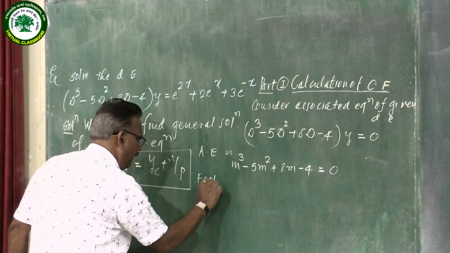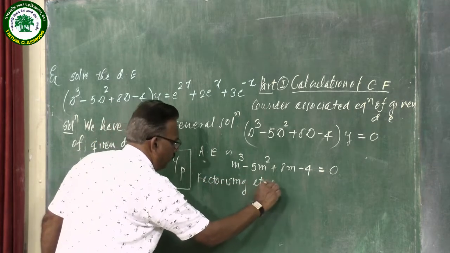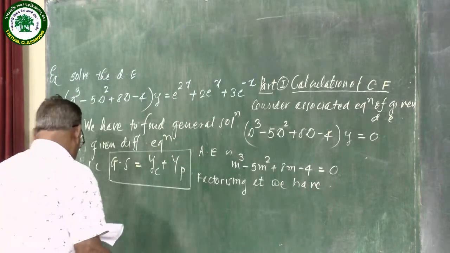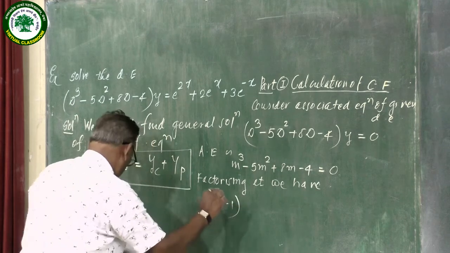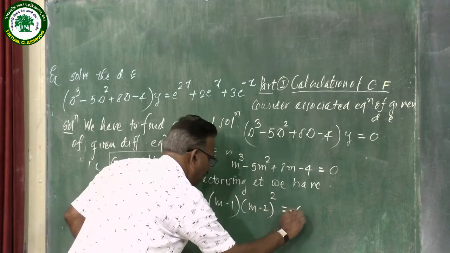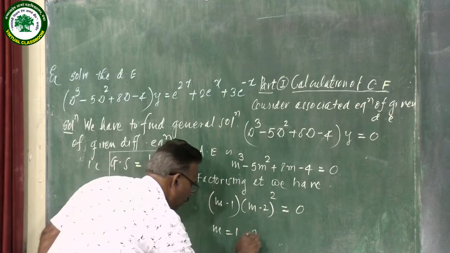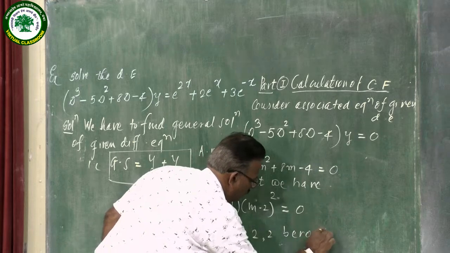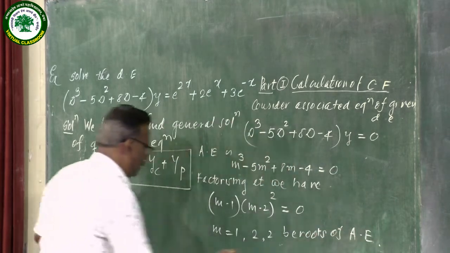Factorizing it, we have m minus 1 and m minus 2 square is equal to 0. Therefore, m is equal to 1, 2 and 2 are the roots of the auxiliary equation.